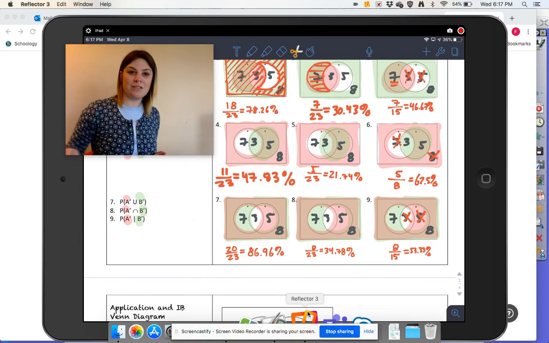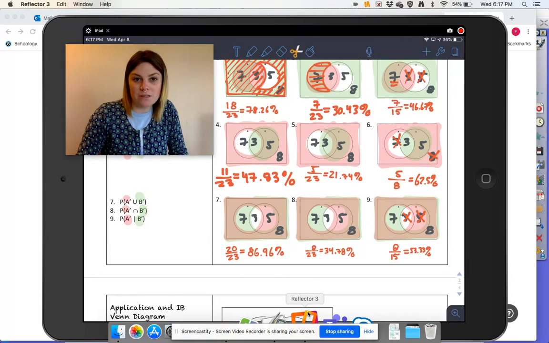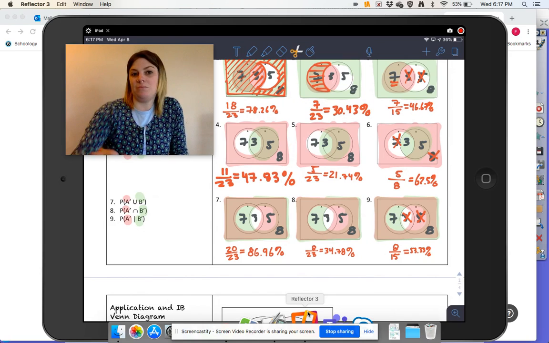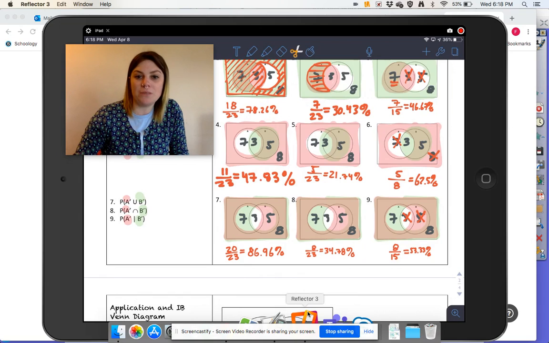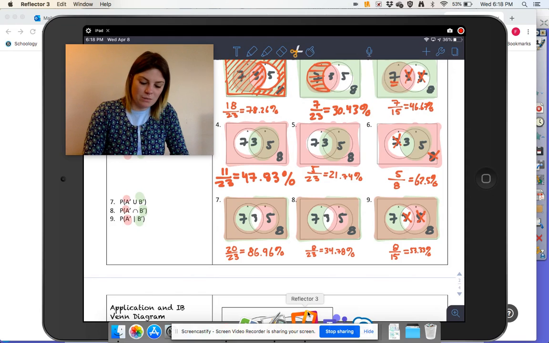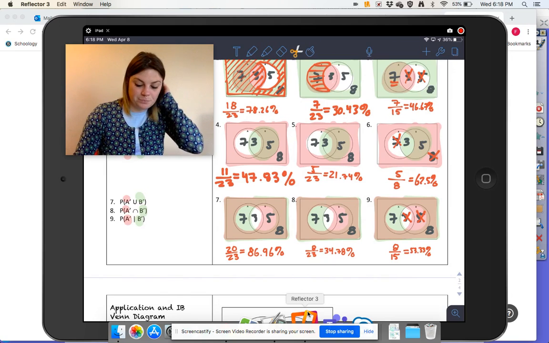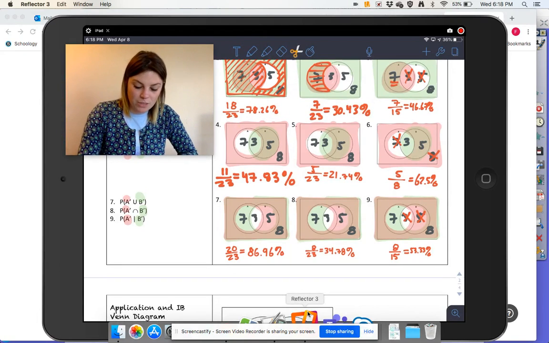Here are your answers, and I'll just go over a couple little tricky points in each one, just so you know. If you feel like you just want to truck on through, then please keep going. Skip over this next little bit, but I'm going to go over some of these little trickier parts. So for number 4, you can see that it's 11 out of 23.